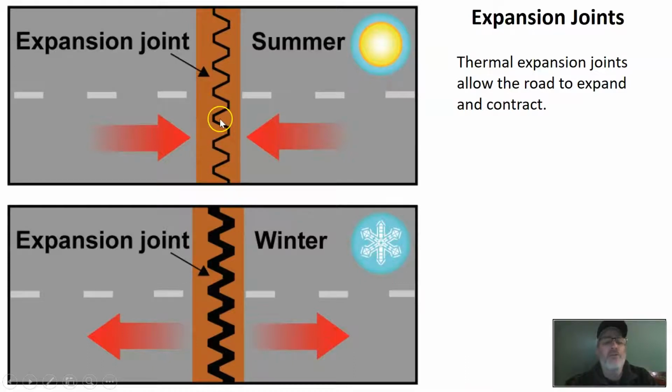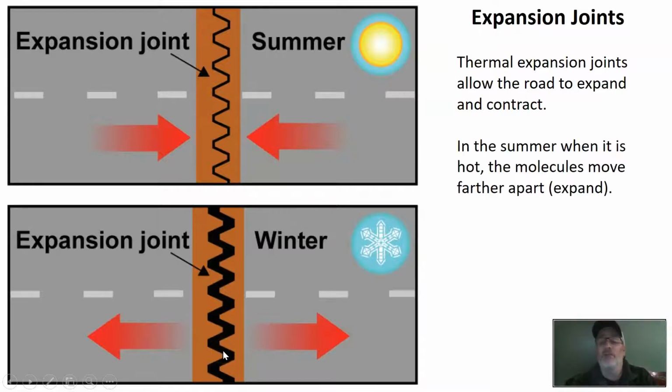I want you to notice how, in the summer, the crack in between these two sections of the road is very small, because it's thermally expanded. But in the winter, the road has contracted, and you're going to see that the gap is much bigger, because the road has physically gotten smaller.